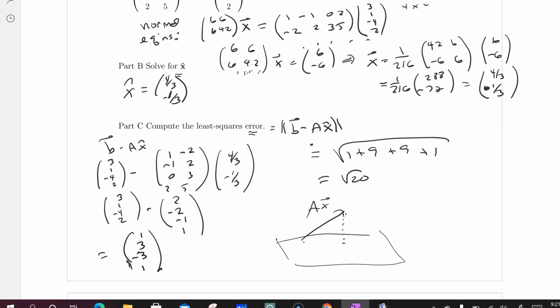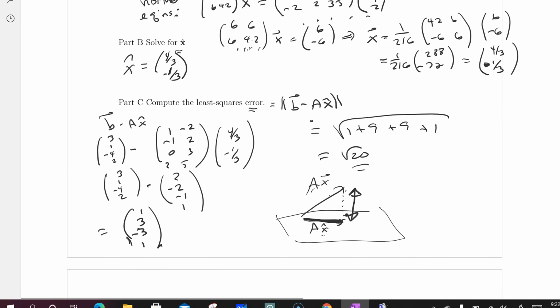I found A x hat, which is the closest to b because it's the projection by those normal equations, and then I found this distance by finding the length of that vector, and that was root 20. We call that the least squares error. That's how far off I am in using this as an approximate solution.